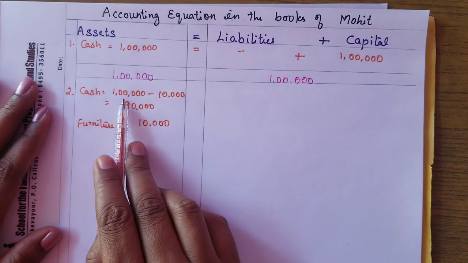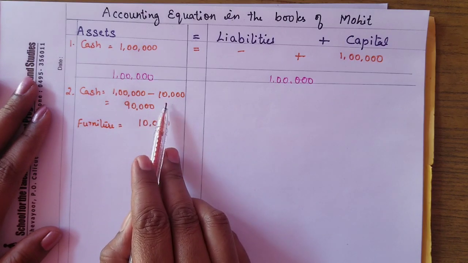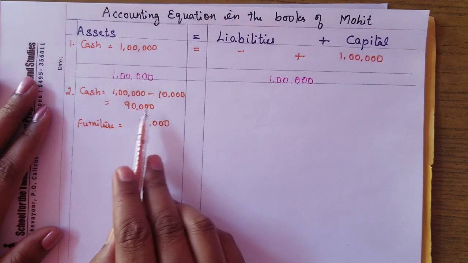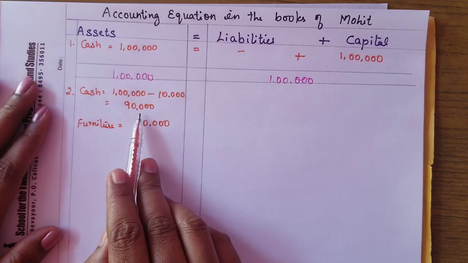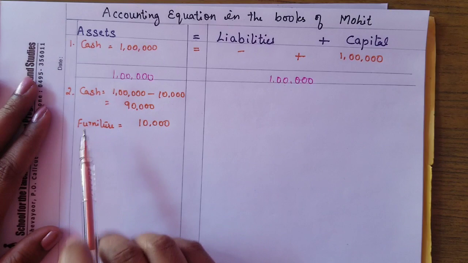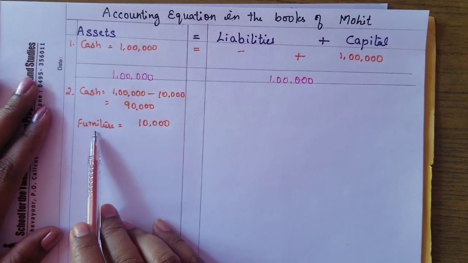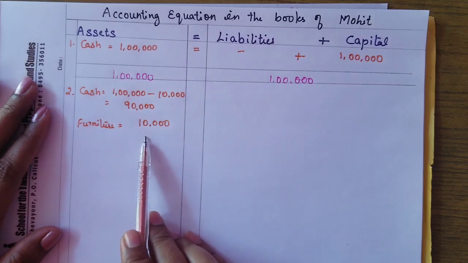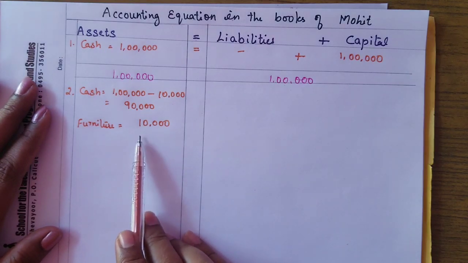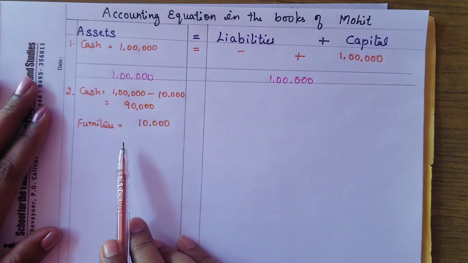You are paying 10,000 out of the cash, 1 lakh was the cash minus 10,000 for furniture. Remaining cash balance is 90,000. And since you are purchasing furniture, which is an asset, it comes here as a new asset. Furniture, the value of furniture is 10,000. Okay, so this is on the side of assets.